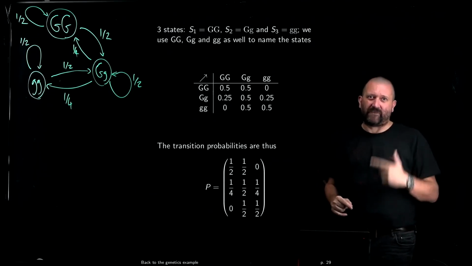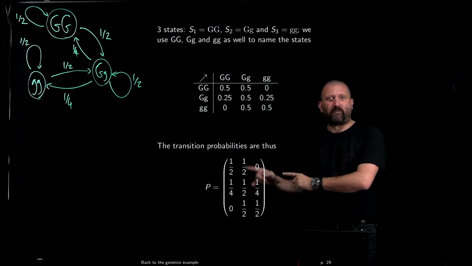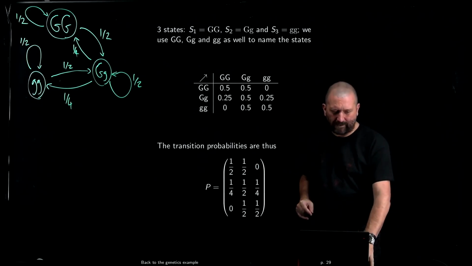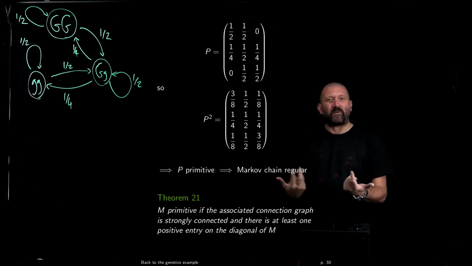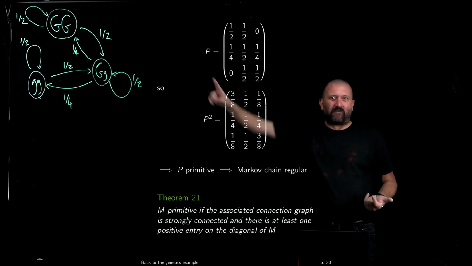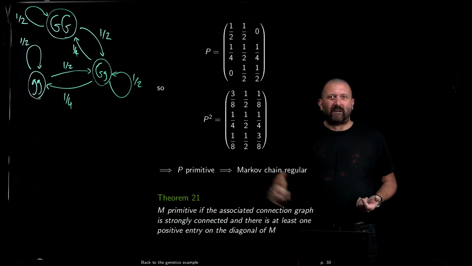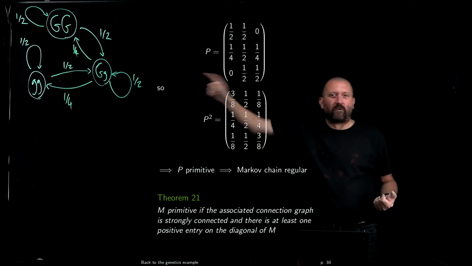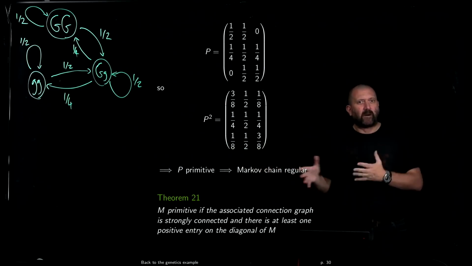The matrix is primitive means the Markov chain is regular. And we can use the previous theorem to determine where we're going. Okay? And actually, the index of primitivity is 2. If we take this matrix and we take its second power, it's all positive. Okay, so, but we could also justify it the other way. Okay. So P is primitive, the Markov chain is regular.